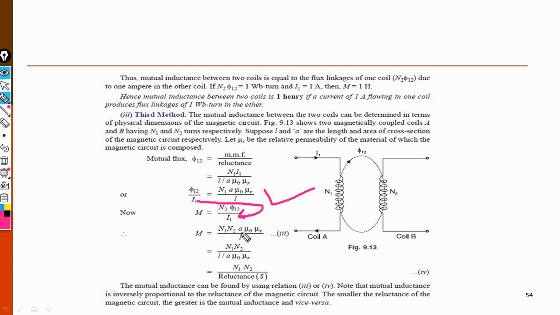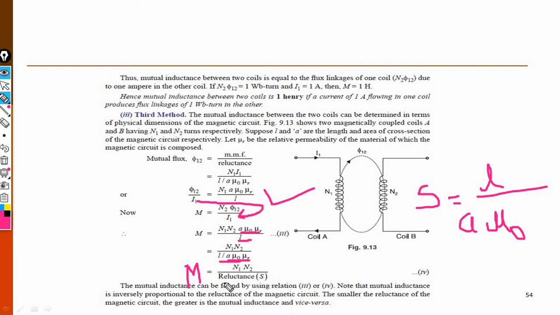This A mu 0 mu r upon L is the reciprocal of reluctance, since S is equal to L upon A mu 0 mu r.